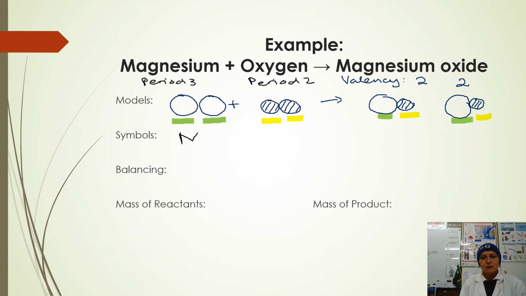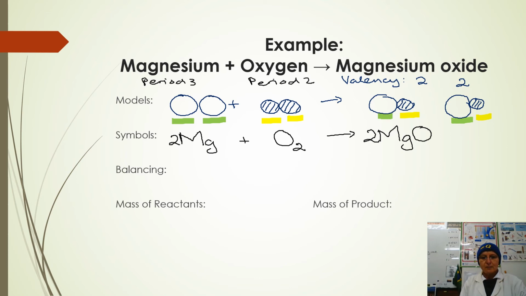Now, Mg is the symbol for magnesium, and O2 is the symbol for the diatomic oxygen. And MgO is the formula for magnesium oxide. If I look at the diagrams, it's easy to see how to balance the equation. I need two magnesium atoms, and there will be two magnesium oxide molecules forming.